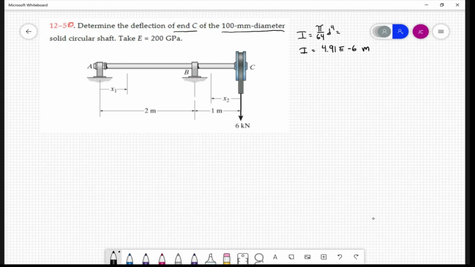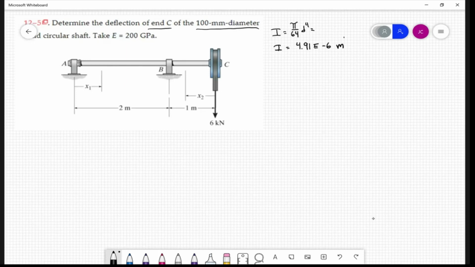That's meters to the fourth power. All right. And so we want to find the deflection. E, they give us as 200 gigapascals, right?